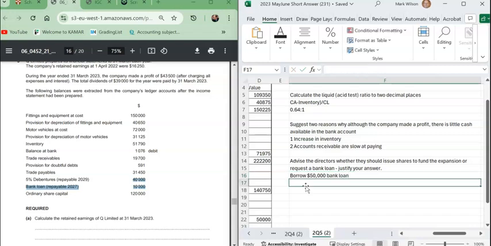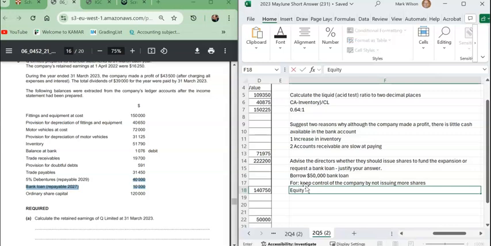All right, and we need to justify our answer. So reasons for and against. So for, keep control. The current shareholders keep control over that.